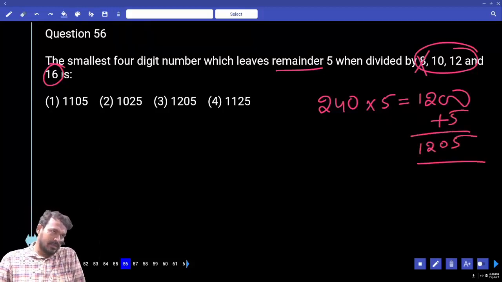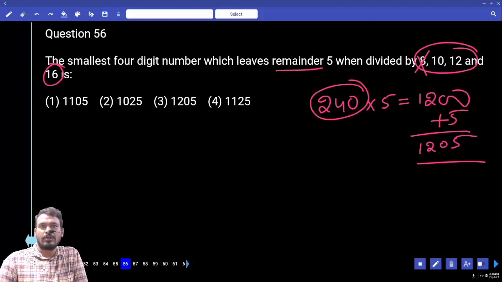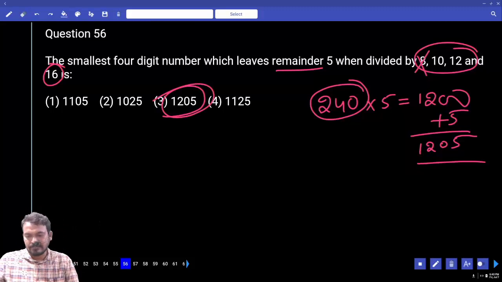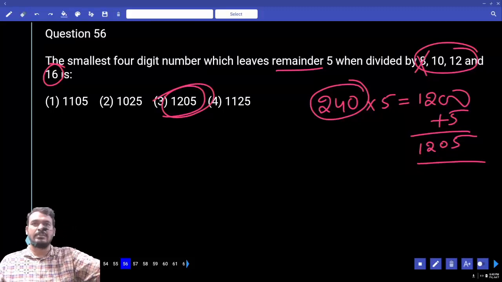LCM is always equal to the largest number or multiples of the largest number. Already we got the LCM, how much? 240. Means multiples of the LCM value 240 are also possible. Okay. What is the answer? 1205. 241s are, 242s are, 243s are, 244s are, 245s are.